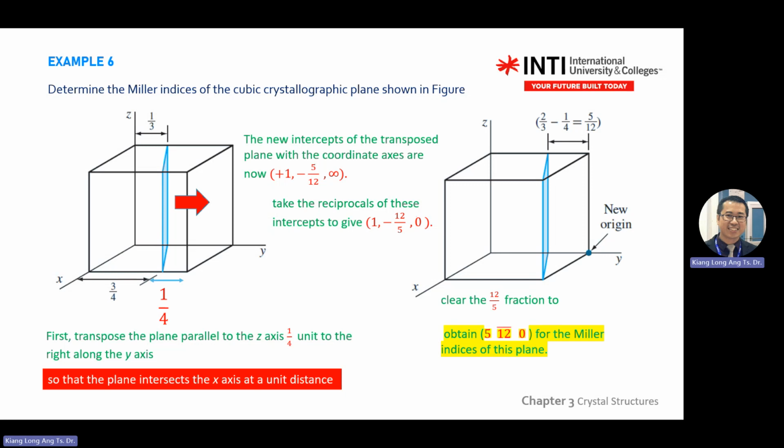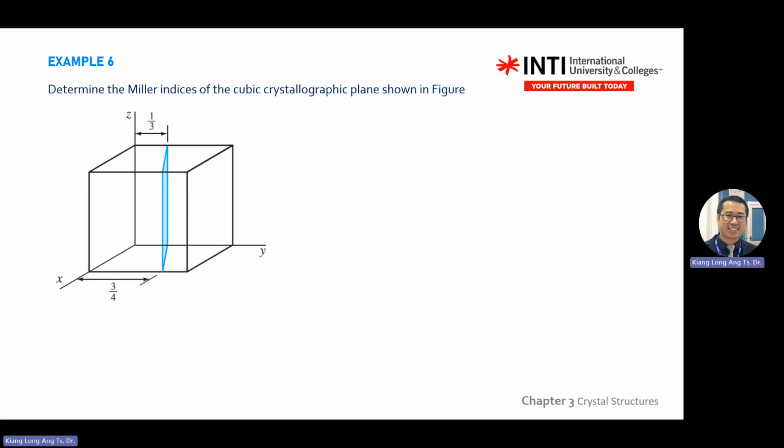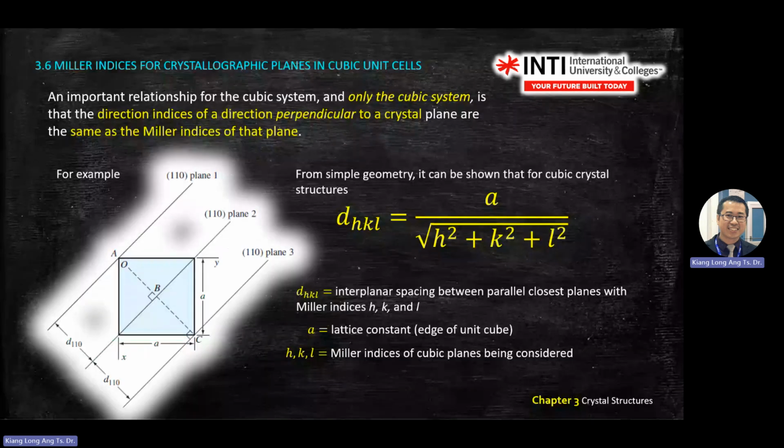Then put this representation into a good form. We don't want a fraction value, so multiply by 5, and you get 5, minus 12, and 0. So this is the Miller indexes, this is H, K and L. If we are given the a value, you can apply this equation to find the distance between the two planes.